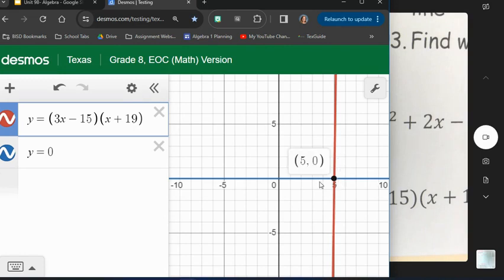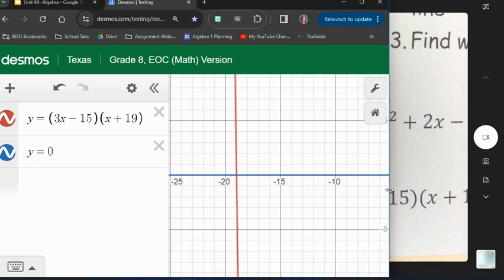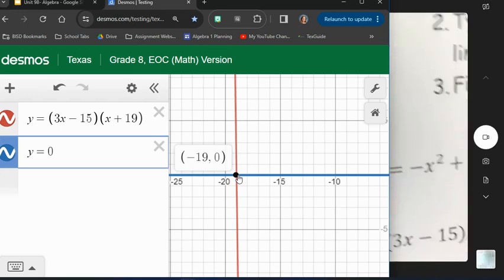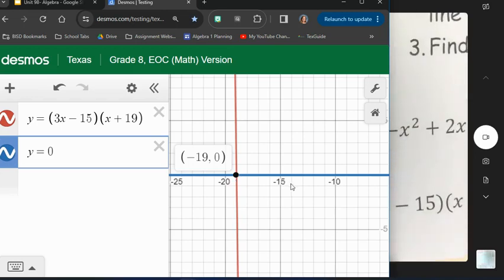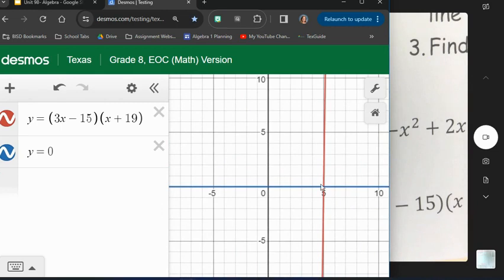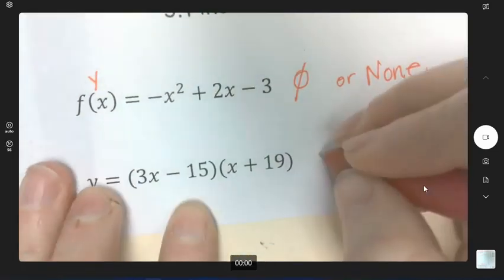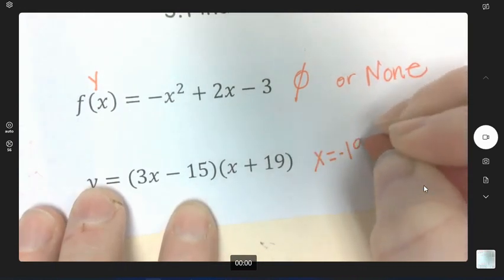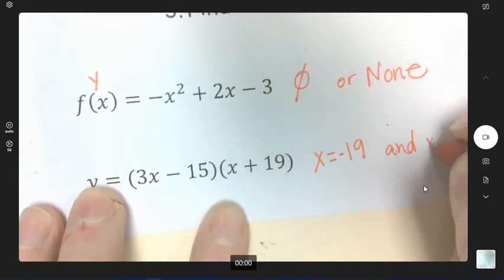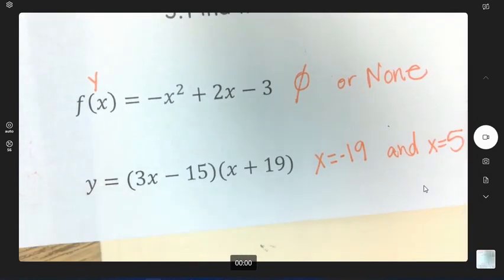Now there's one of them, and then I have to move over so I can see the other one. All right. So we're going to write it as x equals negative 19 and x equals 5.